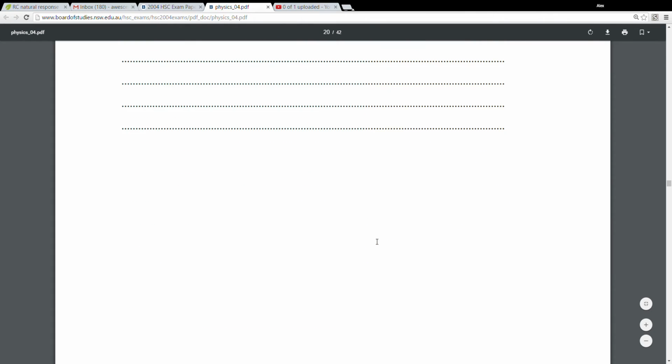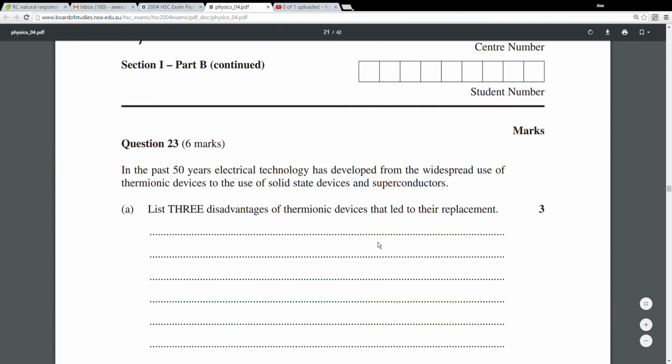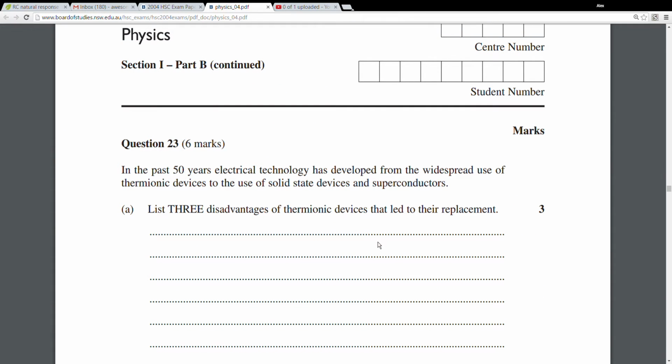And yeah, okay. So, in the past 50 years, question 23. In the past 50 years, electrical technology has developed from the widespread use of thermionic devices to the use of solid-state devices and superconductors. List 3 disadvantages of thermionic devices that led to their replacement. So thermi, remember, means heat, and ionic is the ions.